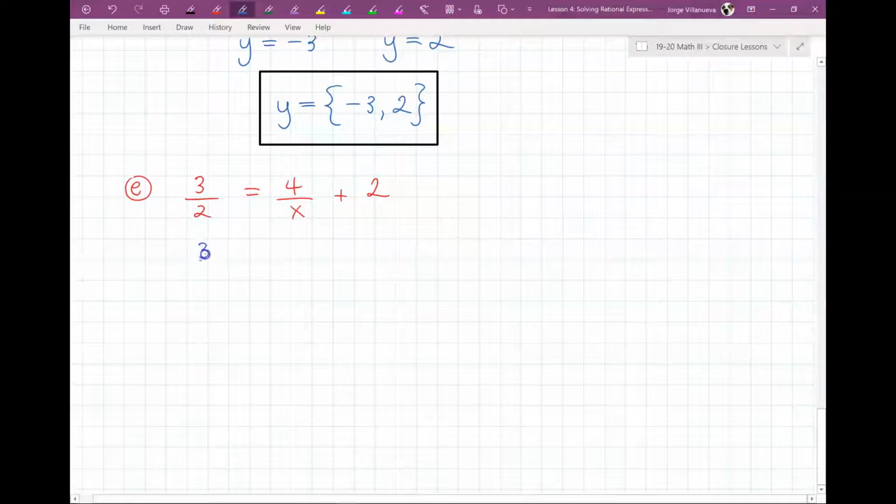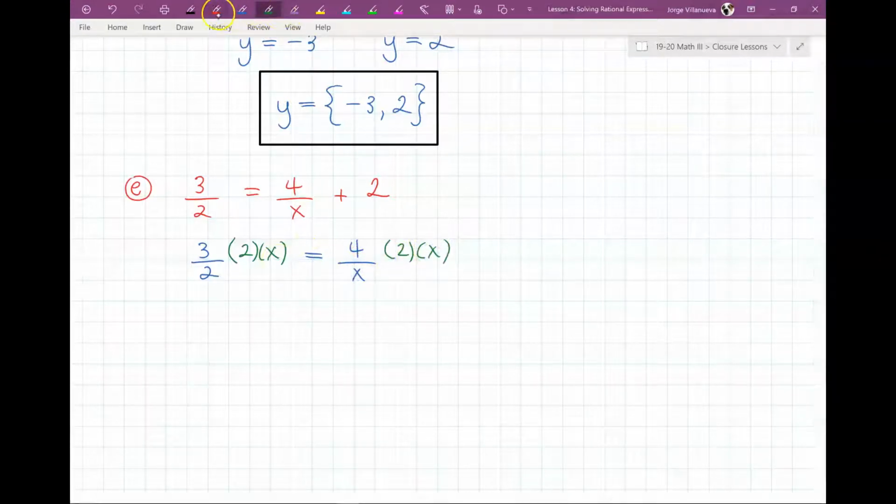So 3 over 2 times 2 times x equals 4 over x times 2 times x plus 2 times 2 times x.